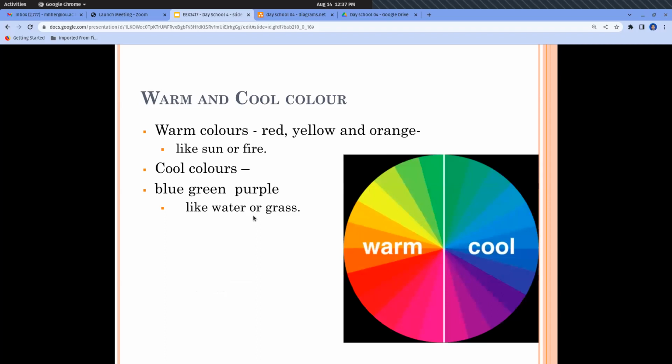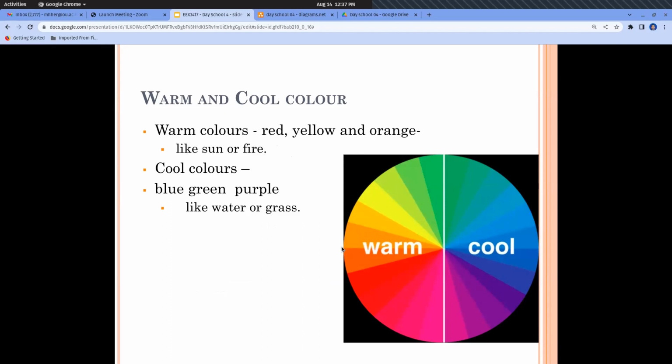Warm color and cool color. Warm colors are red, yellow, orange. Cool colors are green, blue, like water and glass. Warm colors are like sun and fire.